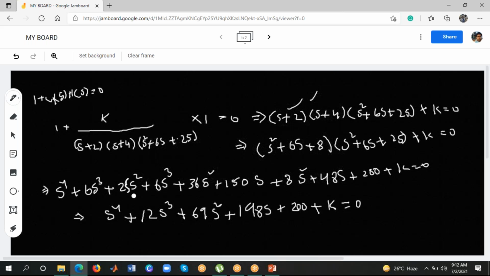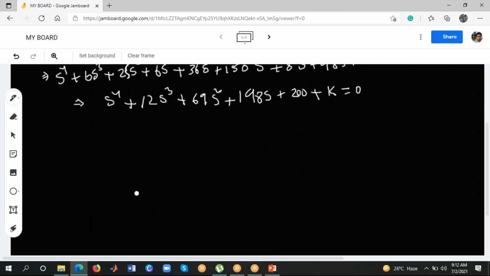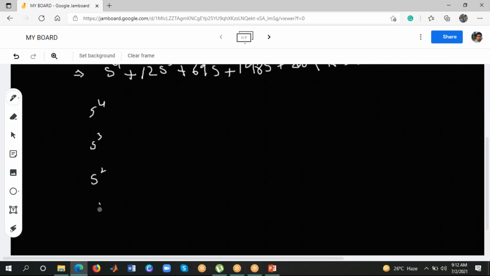For this we have to construct the Routh array. First of all you write down s power 4, s cubed, s square, s power 1 and s power 0.